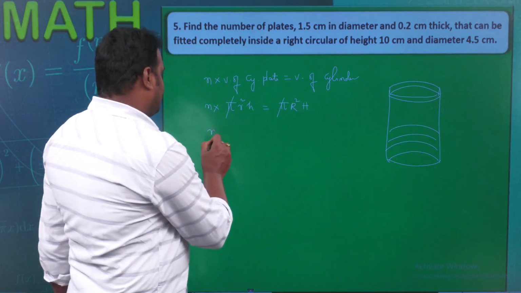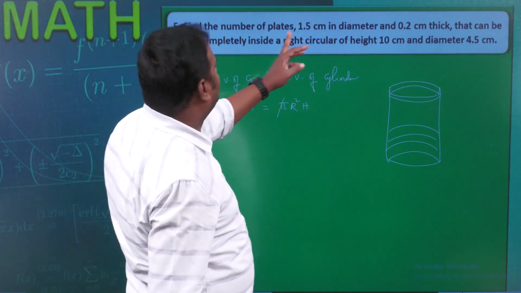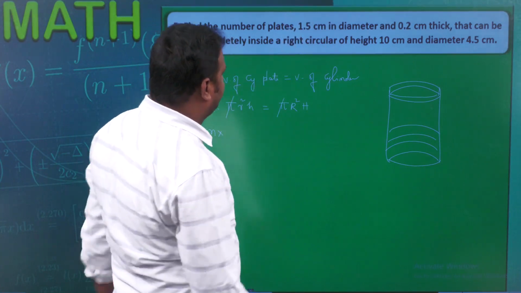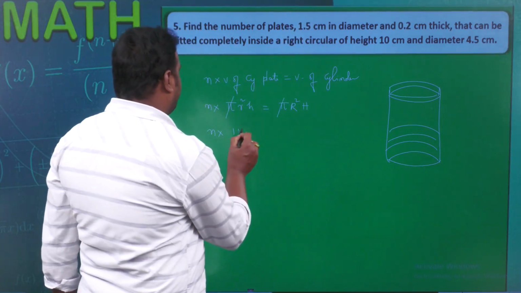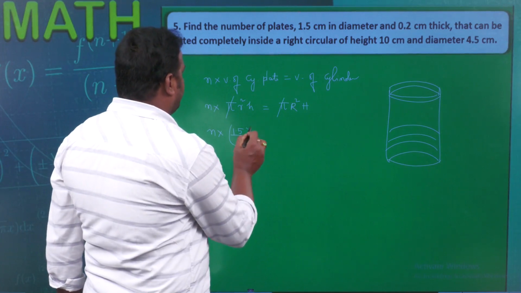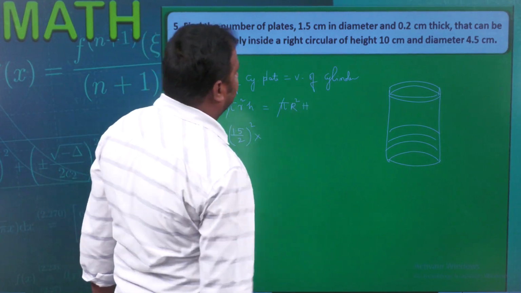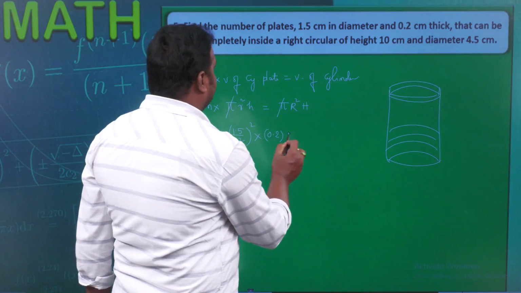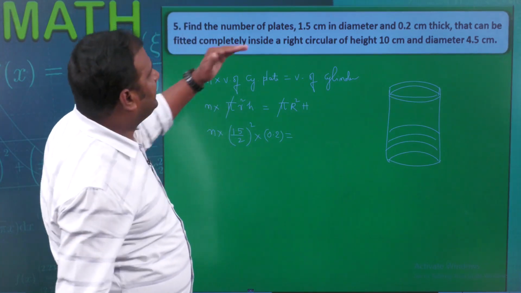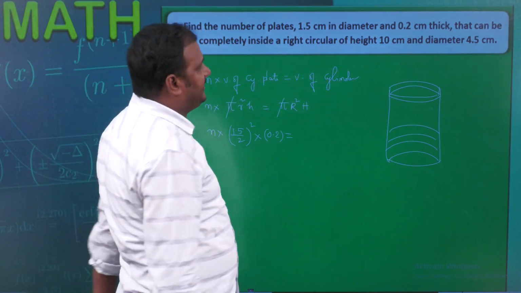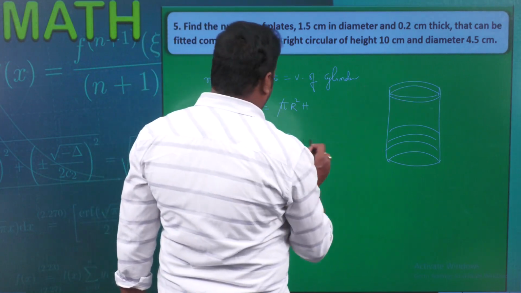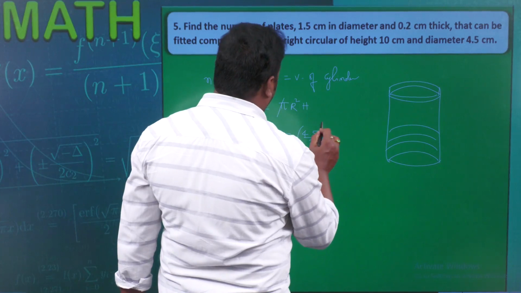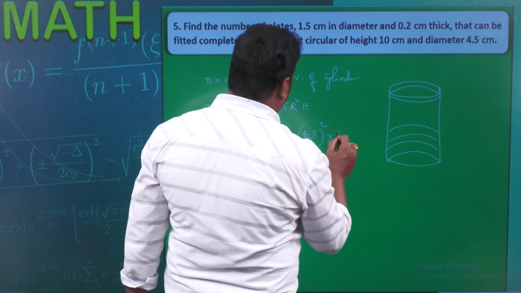N into the radius of the plate, 1.5 centimeters diameter, so radius is equal to 1.5 by 2, whole square, into height, which is the thickness, 0.2 centimeters. That is equal to the cylinder, height is equal to 10, diameter equal to 4.5, so radius is equal to 4.5 by 2, whole square, multiplied by the height, which is equal to 10.